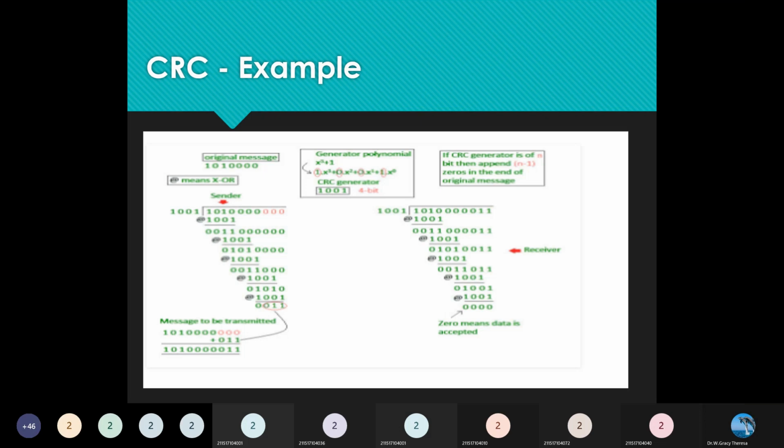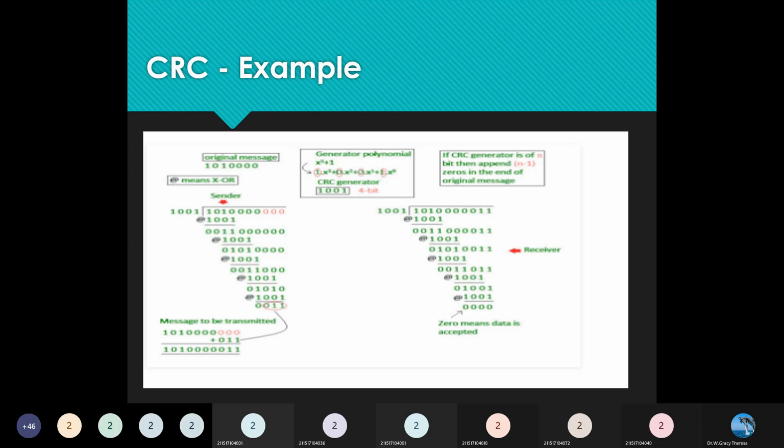So 1001 is divided into 101000000. We perform the binary division, and the result we get is 011. We include only 3 bits, very important, because if the CRC generator is 4 bits, we take only 3.